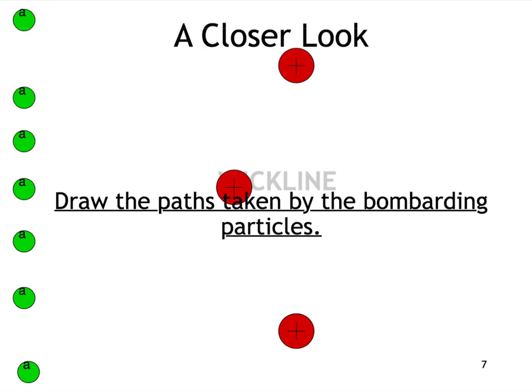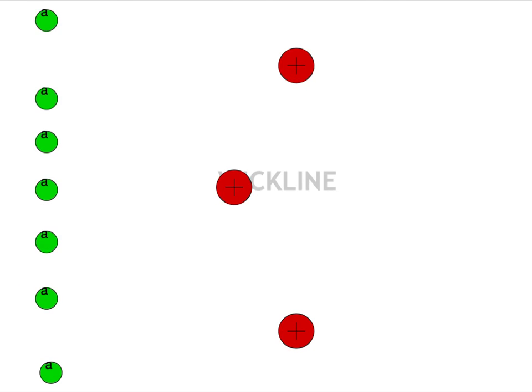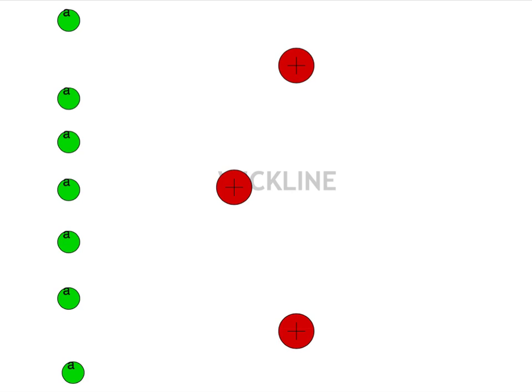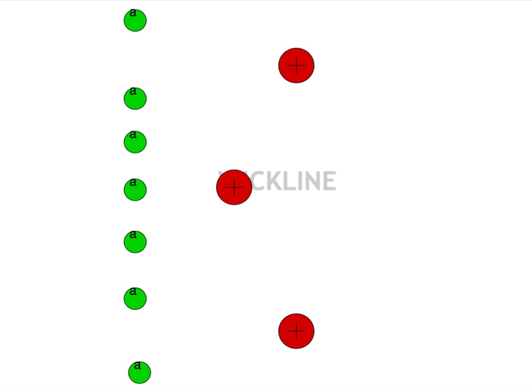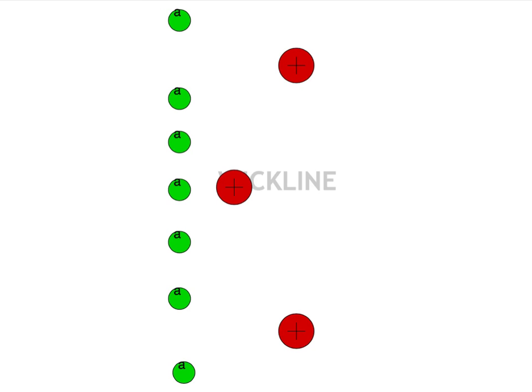So they all start out going in straight lines. And here's where you're going to see some of them start to change direction. Especially this one is going to have a full-on collision, and it looks like this one and maybe this one are going to come close enough to the nucleus to interact using Coulombic effects, positive versus positive.